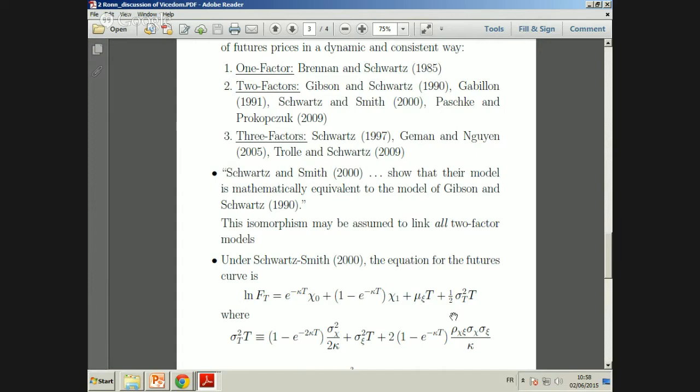And that has a nice interpretation as well, which is that you can see here the effects of the 2 factors in terms of the variance explanation. Again, analytically nice, I think, to see the effect of the mean reverting factor, the traditional effect over here. This is, of course, the non-mean reverting factor, just increasing with time. And here you have twice the covariance.